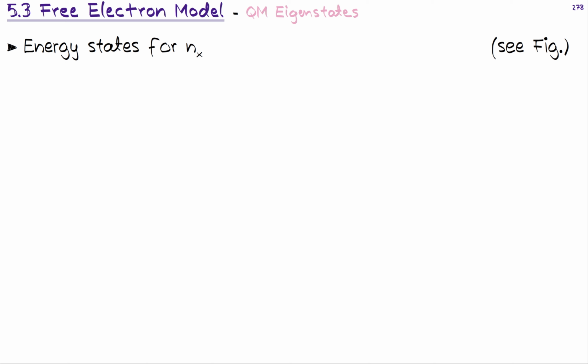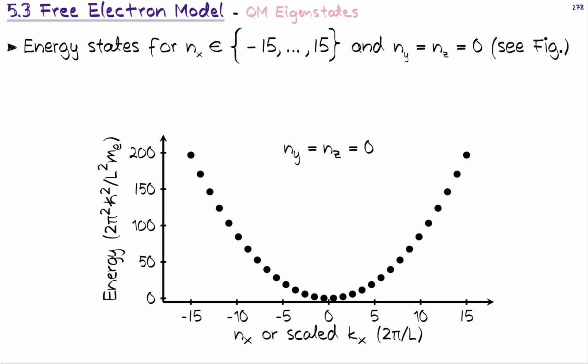And then we have the energy eigenstates for a given nx. Let's change nx from minus 15 to 15 in the figure, with ny and nz equal to 0, so that we see what kind of possible energy states we have as a function of nx, or in principle as a function of kx, scaled of course.